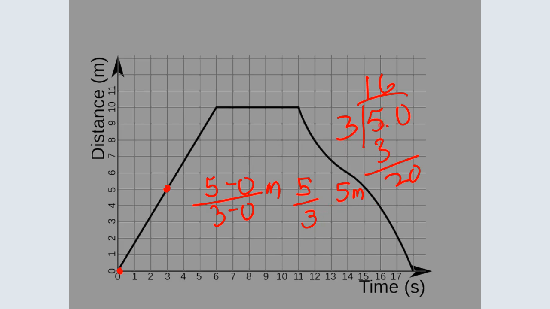So 3 goes into 5 one time, 3, 30, 20 left over. 3 goes into 20 6 times, and it's going to be repeating. So this is 1.6 repeating, 1.66, meters per second, 1.6.